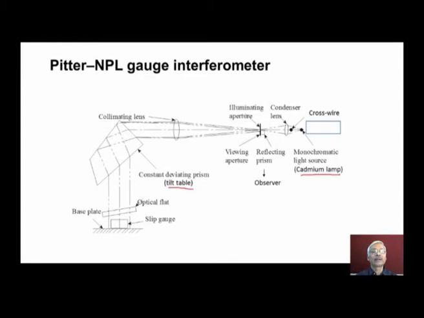The reflected light will slightly get deflected and fall on the viewing aperture, and because of the presence of this reflecting prism, the reflected light is deflected and will fall on the detector, and then we can observe the fringes.